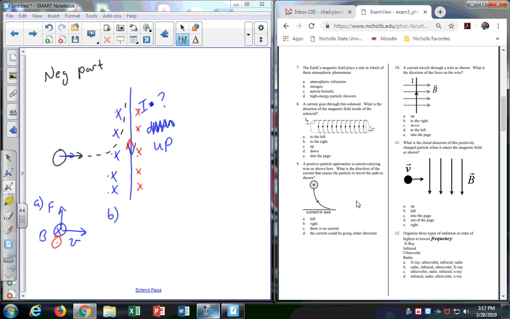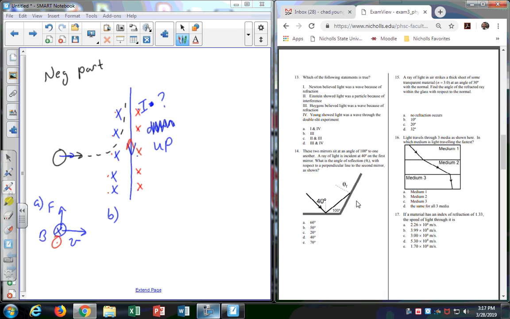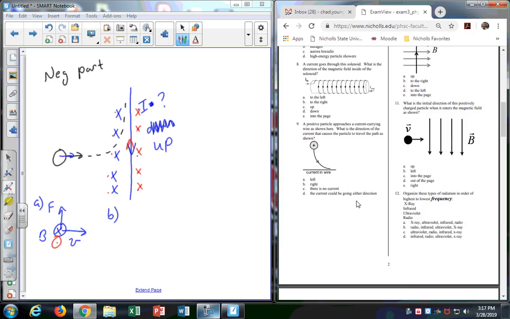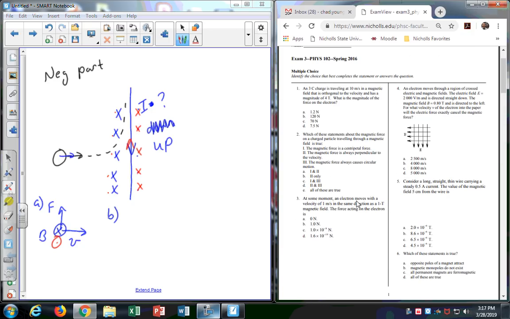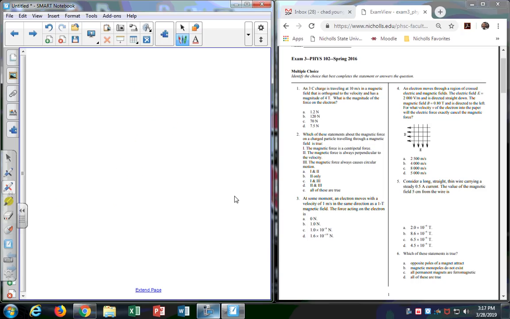Let's see. One that trips up people, we did one like this in class, is one like number 4. Let me just step through this. We'll do one that's slightly different.